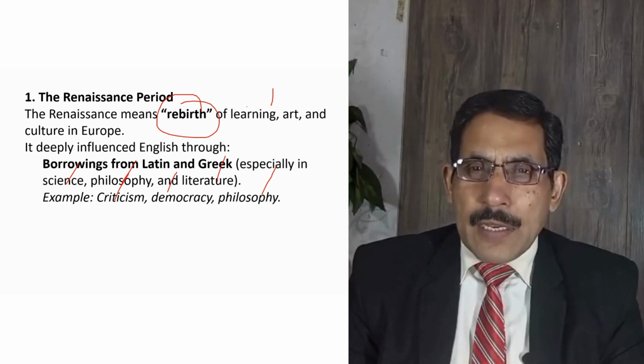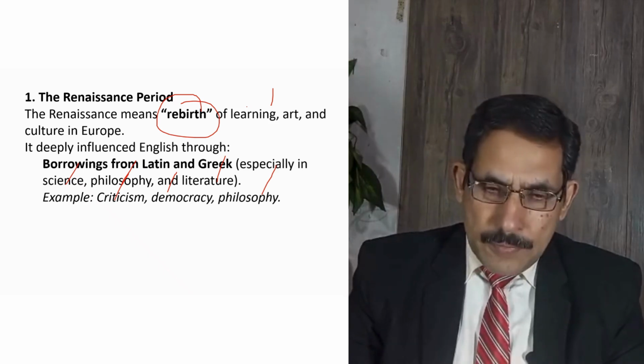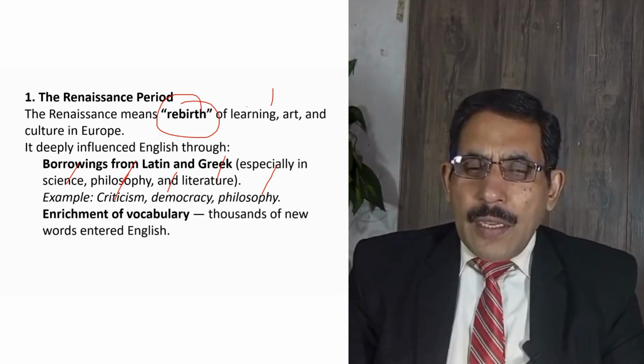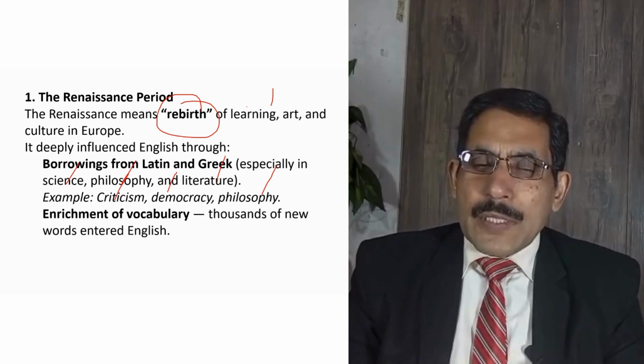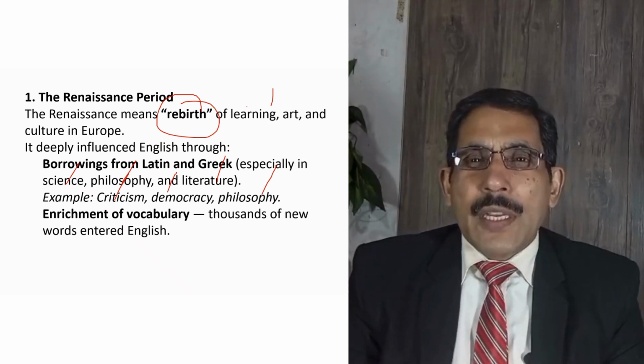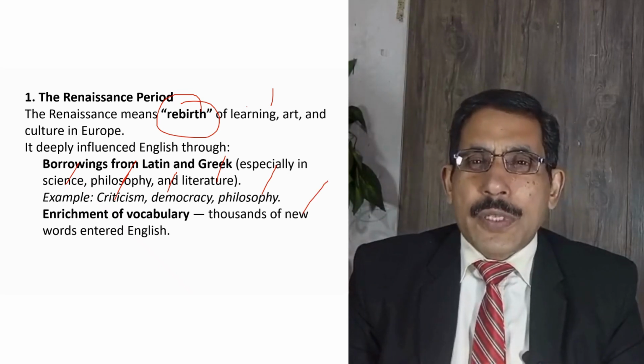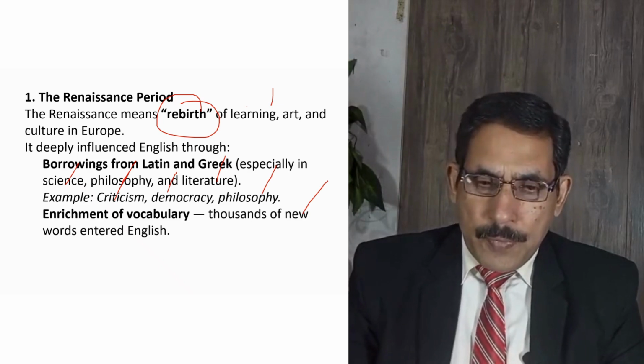These words have been taken from Greek and Latin. This was a time when work was done to enrich English vocabulary. Thousands of new words were introduced in the English language.